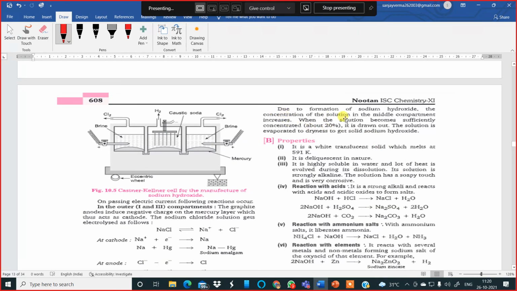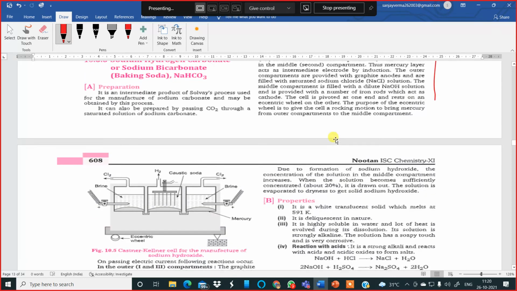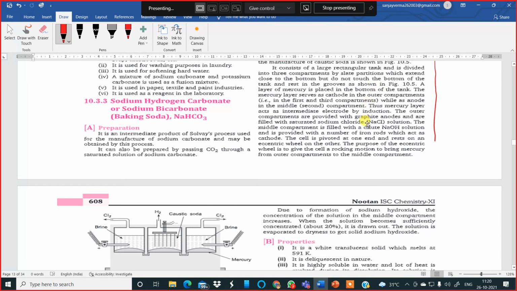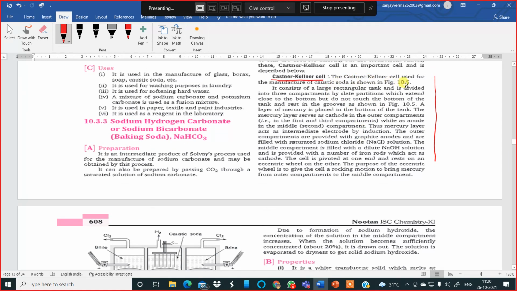Due to the formation of sodium hydroxide, the concentration of solution in the middle compartment increases, so we have to take it out regularly so that we can prepare sufficient quantity of sodium hydroxide. Read through this paragraph carefully. It consists of a large rectangular tank divided into compartments. In the middle compartment, we get collection of sodium hydroxide solution.